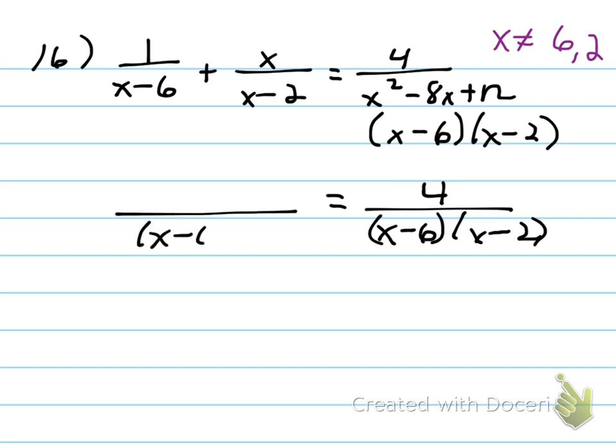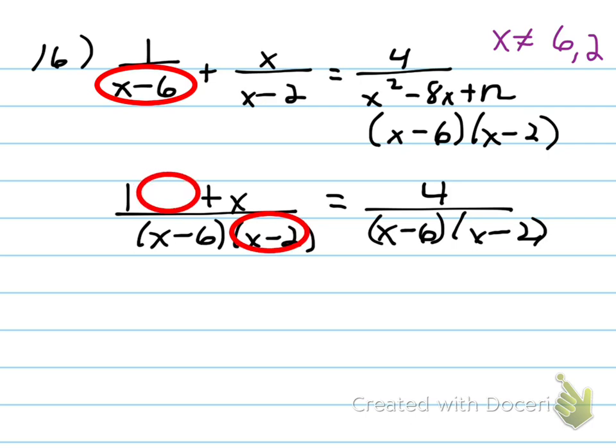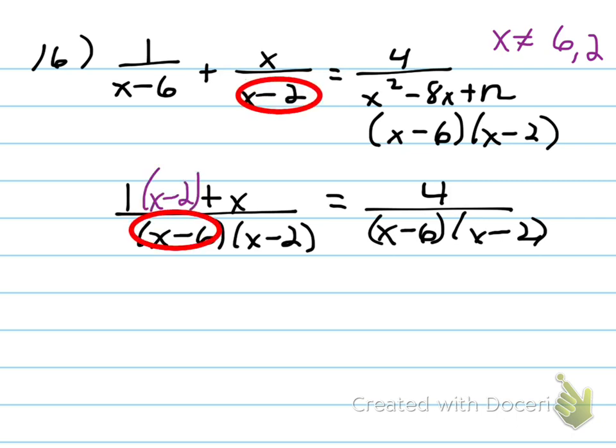And this denominator will cause me to multiply by x minus 2. And then when I take a look at this one, I see it's missing that x minus 6.